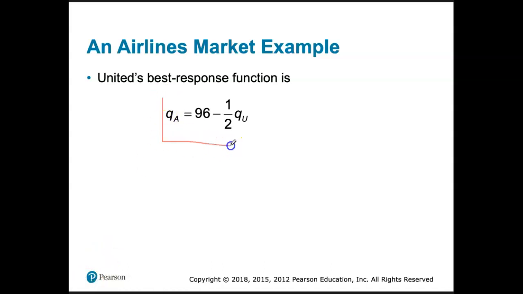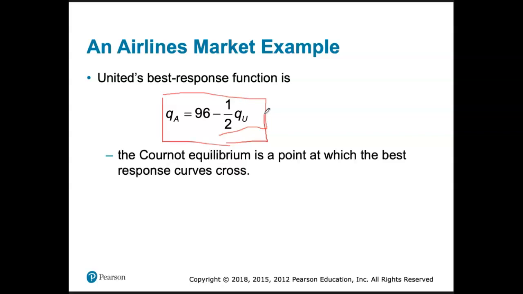So you have 96 minus half QA. And you can use the same steps that we did for American Airlines to find the response function for United, and you should basically get the same answer. So the most important thing to know is that the Cournot equilibrium is the point at which the best response curves cross.